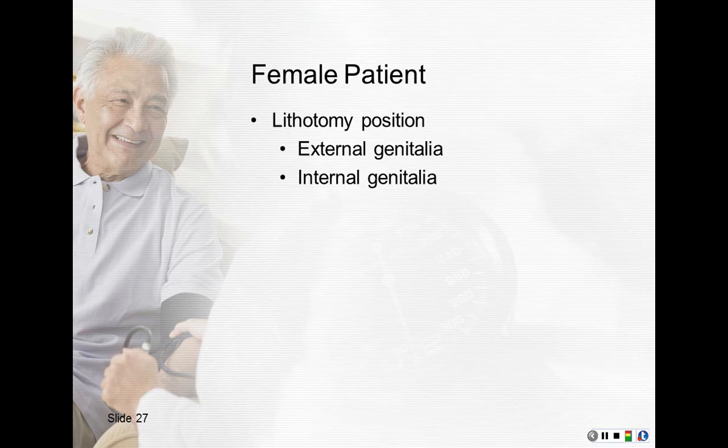With the female patient, once the basics of the head to toe are done, this is when you would ask her to assume the lithotomy position in the stirrups, and we would examine the external genitalia, explaining as we go what we're going to be doing, whether it's looking at the external genitalia and talking as we do that, reconfirming any symptoms that they're experiencing, and then talking to them as we insert the speculum and look at the cervix, and then end up with the bimanual exam.